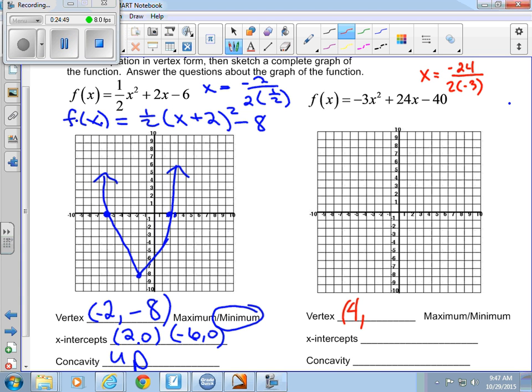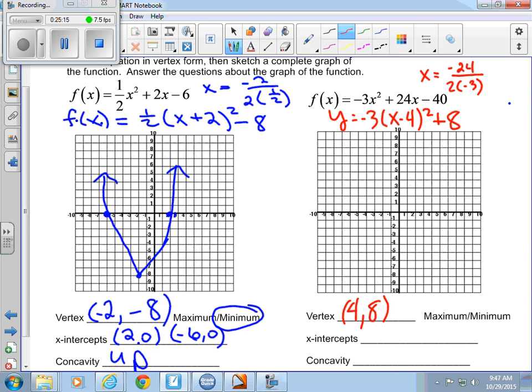8. So my vertex form is negative 3 times x minus 4 squared plus 8. Which way does this one open? Down, I mean, got the 3's negative, so we open down, which means we have a maximum. Good.